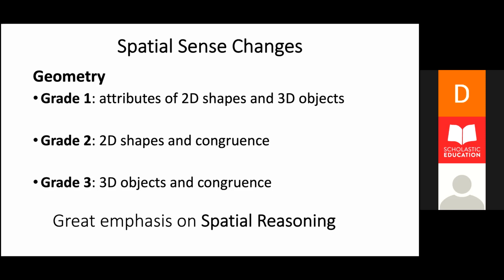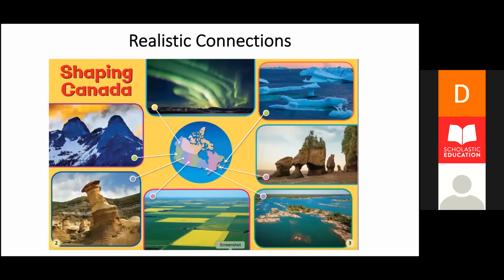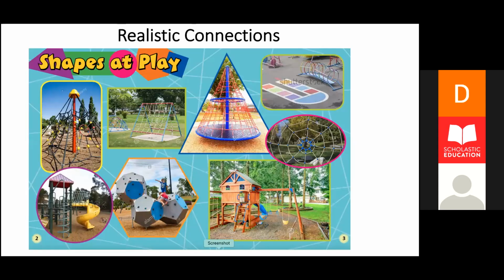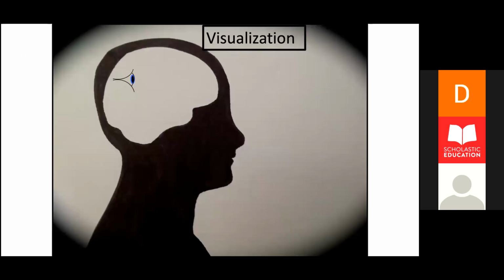There's a great emphasis on spatial reasoning here. We want to be able to tie this into the shapes and into the students' real life context. So we want to make sure that we are showing students shapes in their environment, right? So this would be something they could be doing in grade 3. And we want kids to be able to visualize.